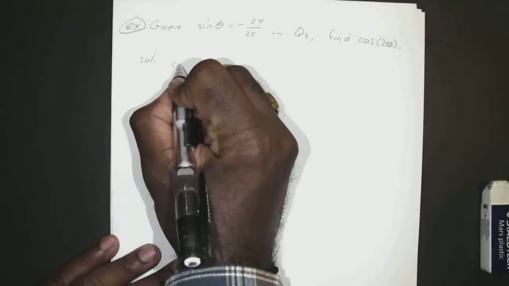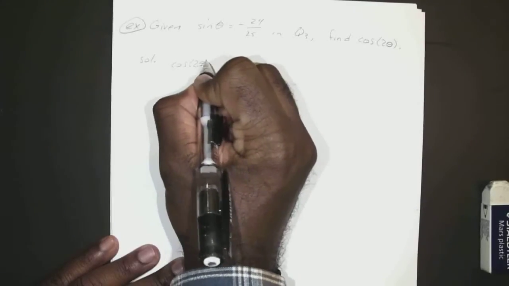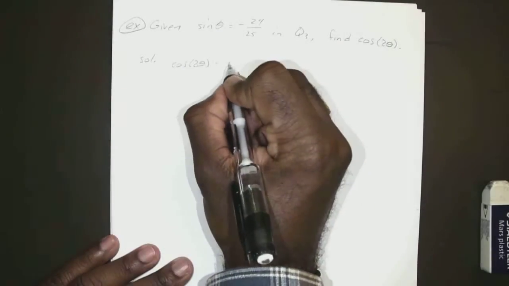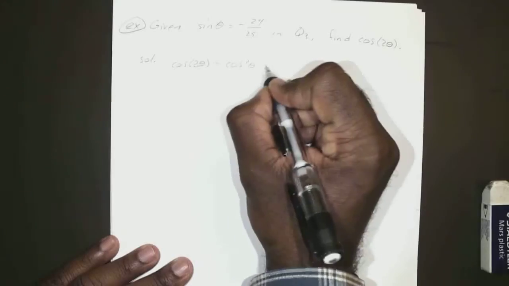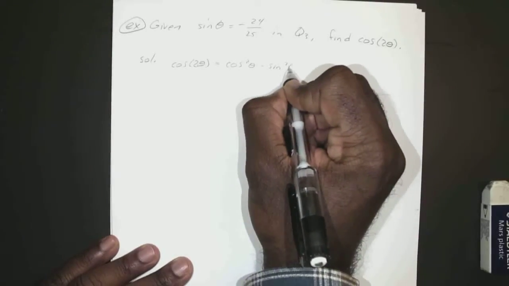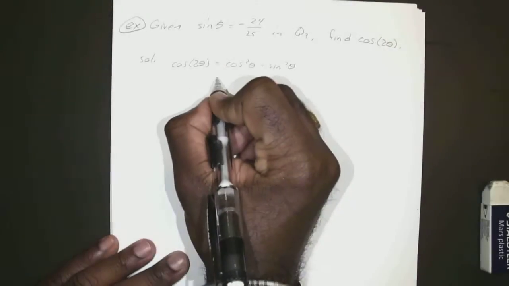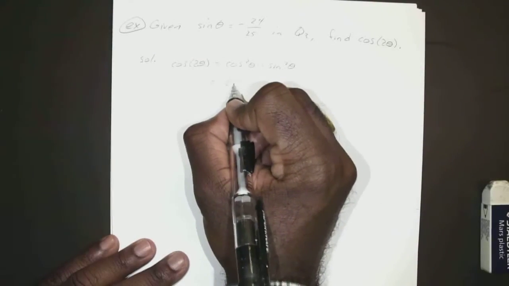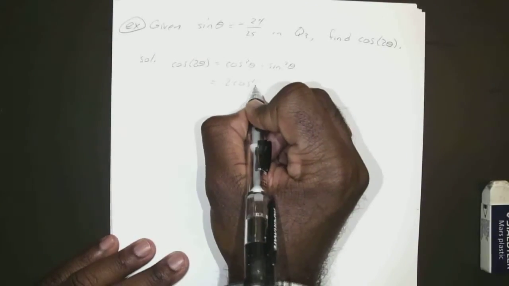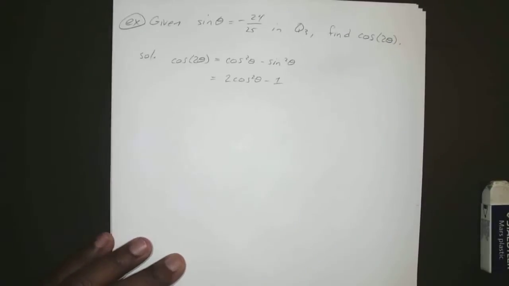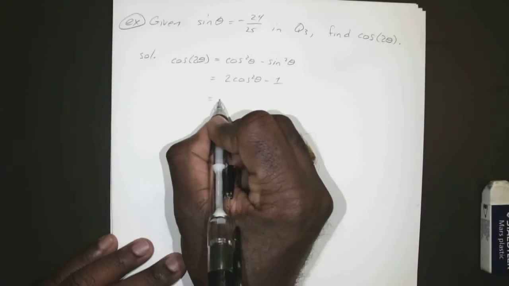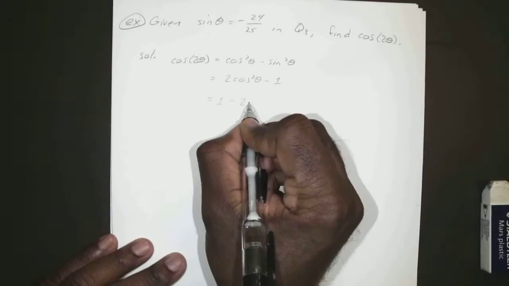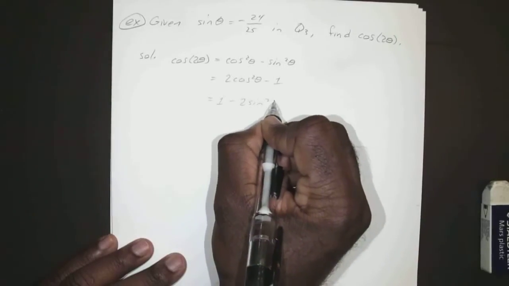Okay, so remember, cosine of 2 theta is equal to cosine squared theta minus sine squared theta. We also found that cosine 2 theta is equal to 2 cosine squared theta minus 1. And we also found out that it is equal to 1 minus 2 sine squared theta.